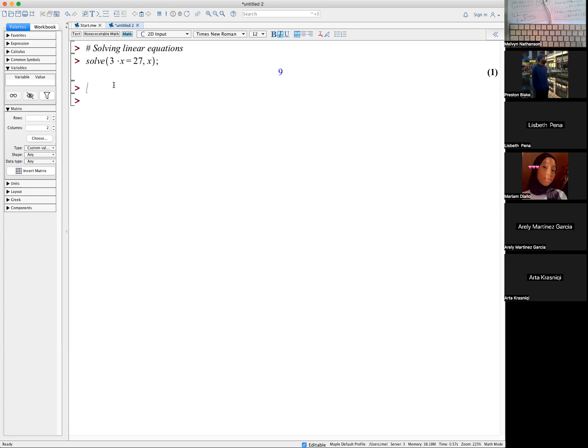When you have a system of equations, the syntax is a little more complicated. It still is solve, but if you have more than one equation, you put them in curly brackets. So in the problem we just looked at, it was 9 times x plus 11 times y equals minus 1, and 5 times x plus 6 times y equals 3.